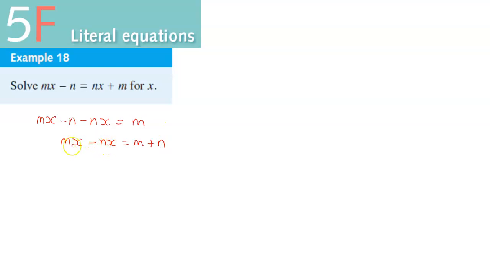Now I have a common term of x in both of these terms, so I can factorise into a single bracket. Then the x is multiplying this bracket, so I can just divide by this whole bracket here.